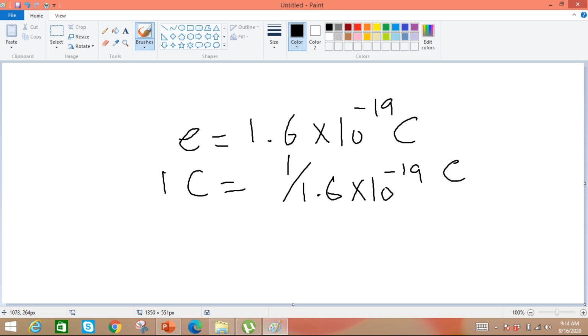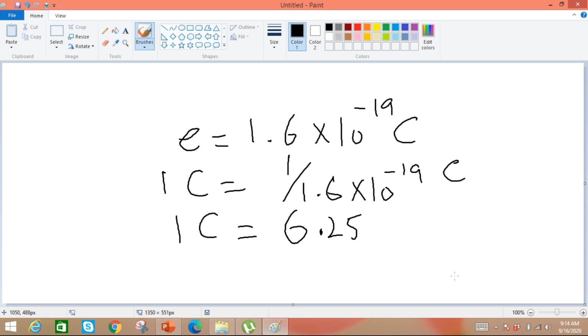So how many electrons will be there in 1 coulomb of charge? 1 coulomb of charge takes 6.25 million trillion electrons. So this was all about the charge.